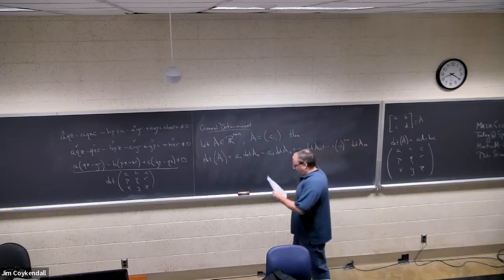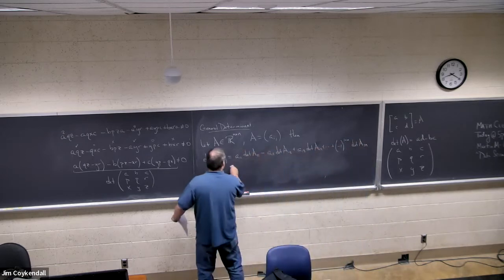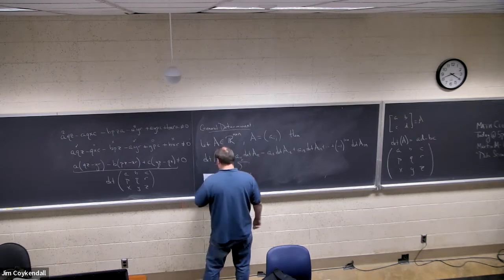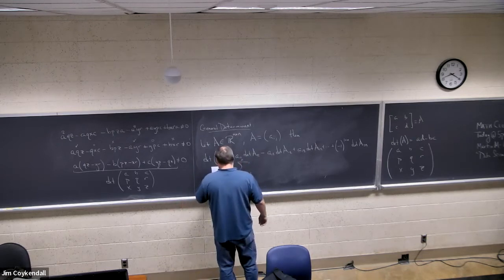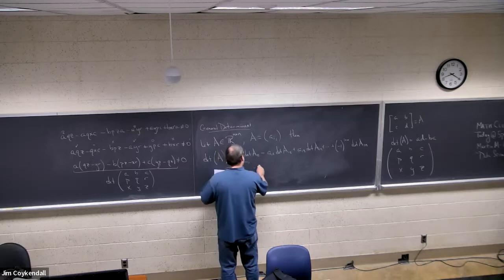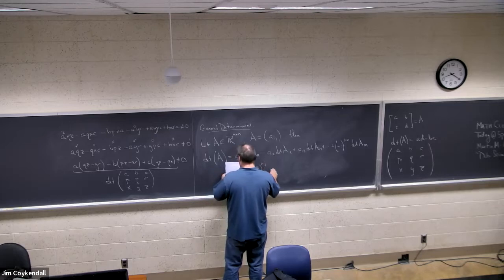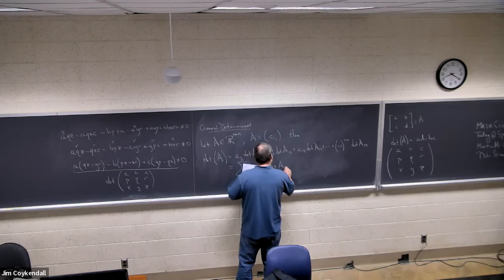By the way, I'll write this in a single formula: the sum of minus 1 to the 1 plus j times A1j times the determinant of A1j.